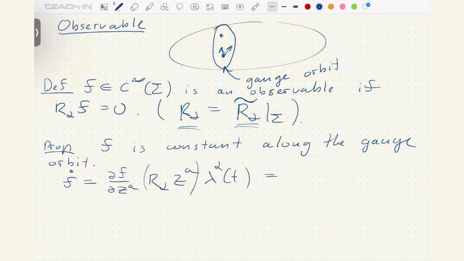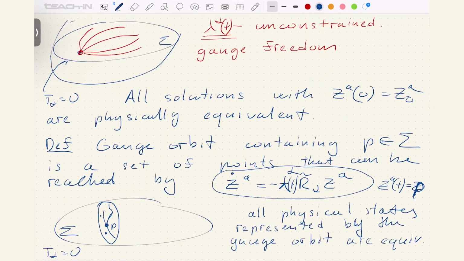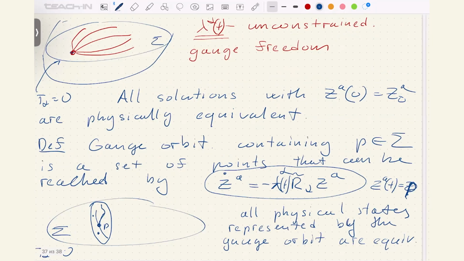But this is nothing but lambda alpha of t times R alpha acting on f, and this is 0 by definition of the observable. So if f is annihilated by R alpha, it's going to be constant along any path generated by this gauge transformation, this flow generated by this equation for certain particular functions lambda alpha. Okay.